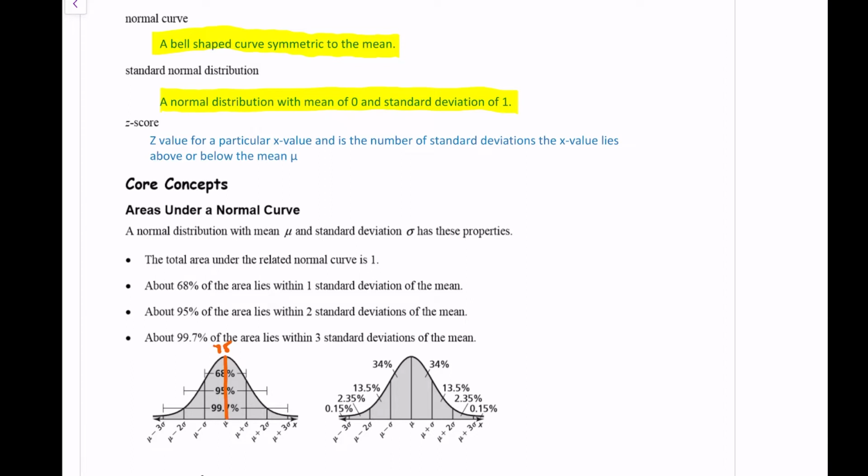When we talk about 1 standard deviation, it's going to be this line that I'm going to highlight with blue. We have 1 standard deviation greater or 1 standard deviation less than the mean. And you can see right here we have this 68%.